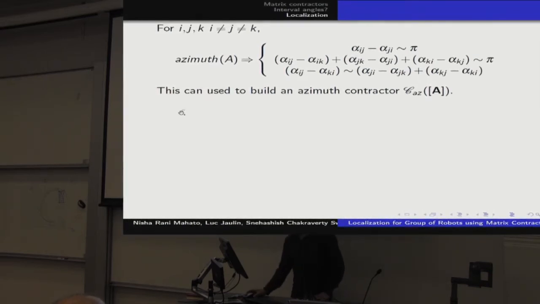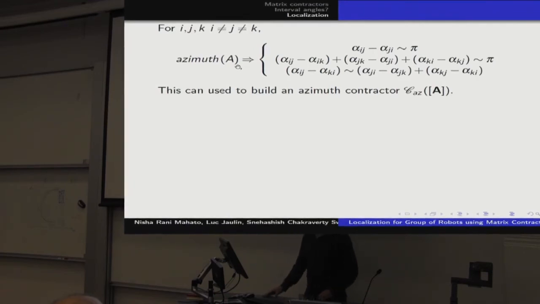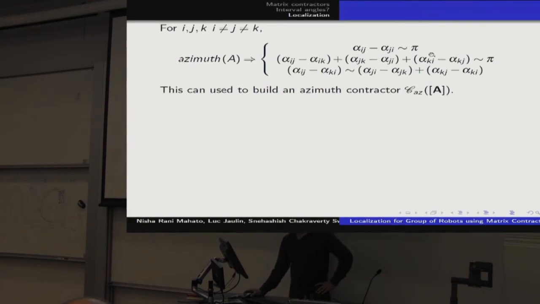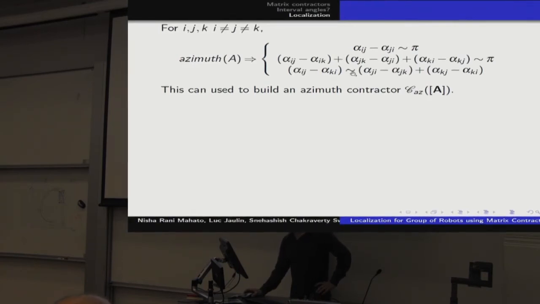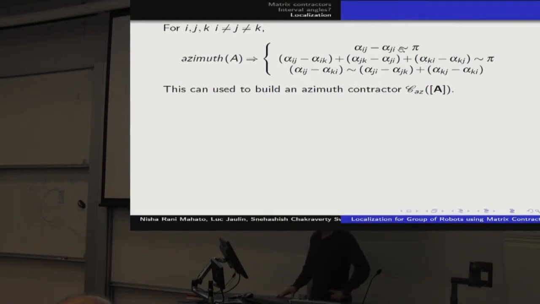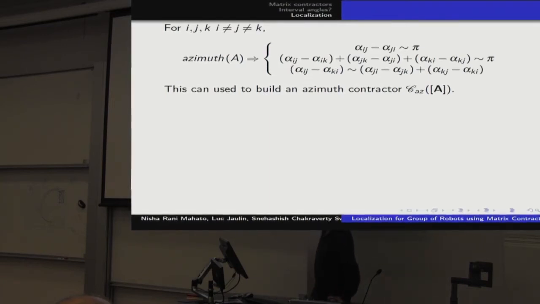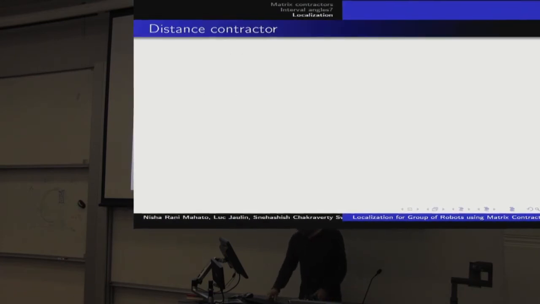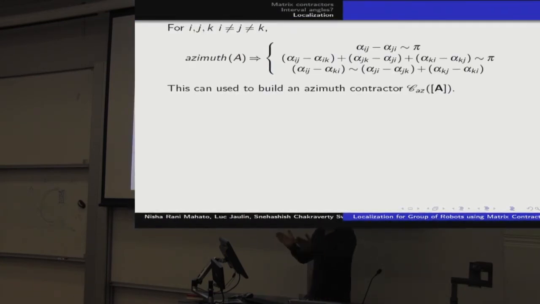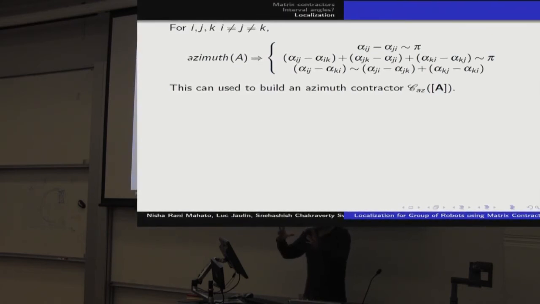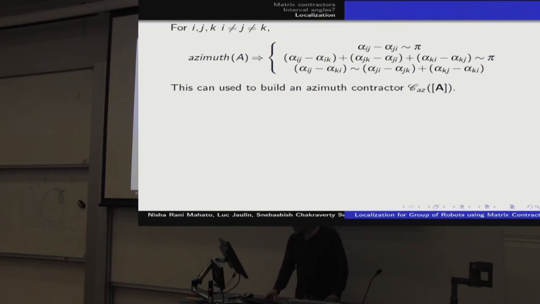And we have, if A is an azimuth matrix, then we can show, using triangle representation, that we have this kind of relation, where it means equal modulo pi. From this, we are able to build an azimuth contractor in order to have a better approximation of the geometry of the robots.